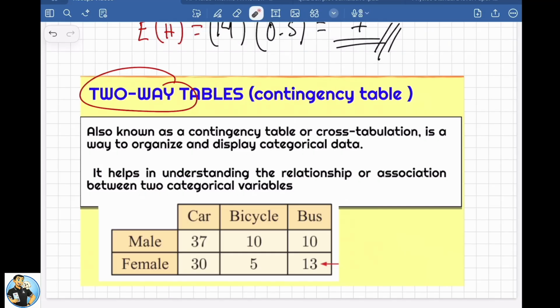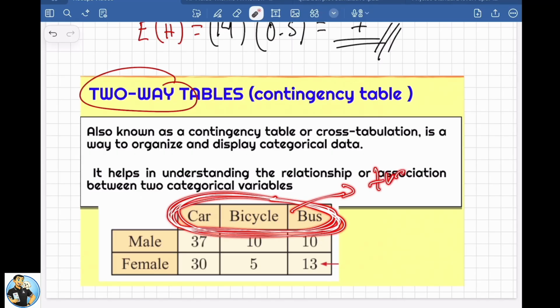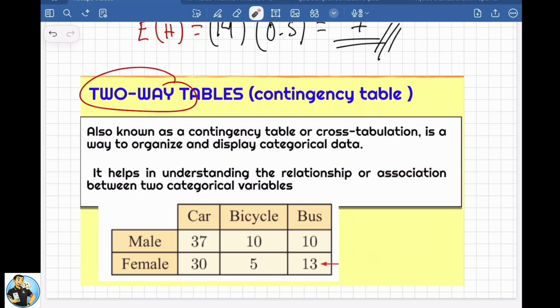For example, this variable we can represent as transportation, and this one is obviously gender. So the table represents gender versus transportation. So we have two variables.